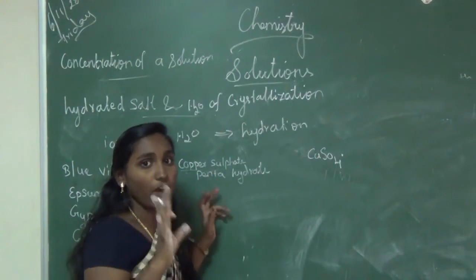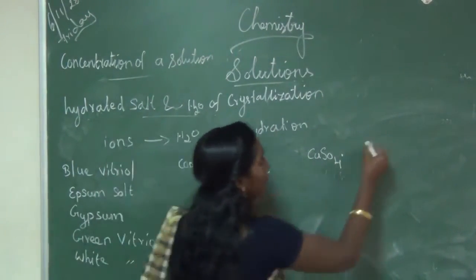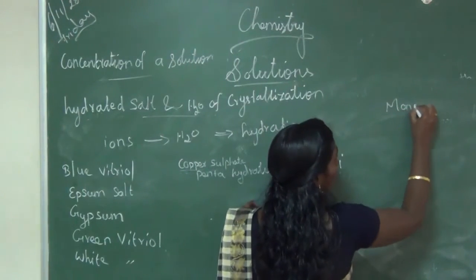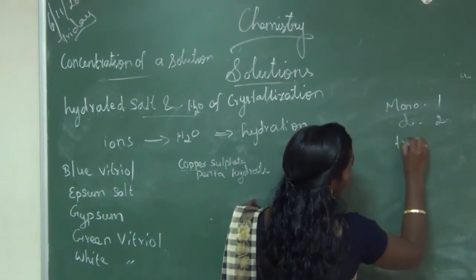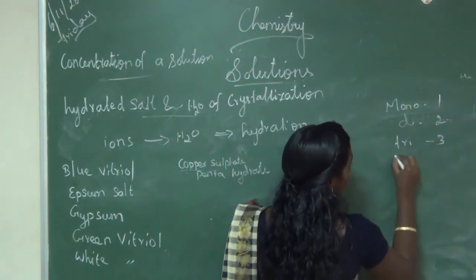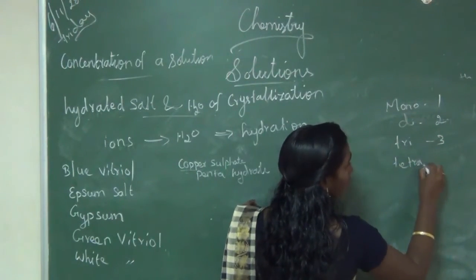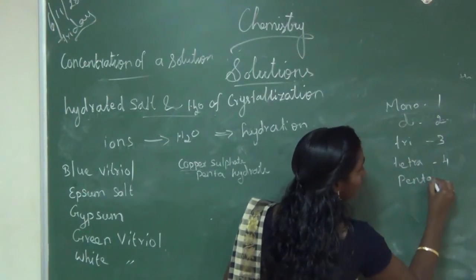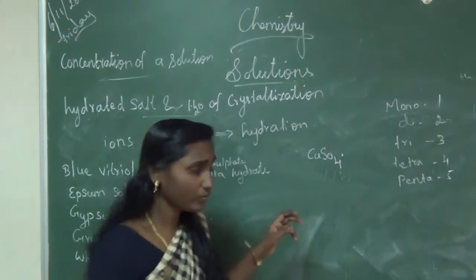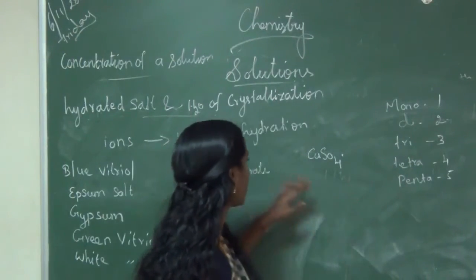Penta means 5. Mono means 1, di 2, tri 3, tetra 4, then penta 5. Mind these numbers.